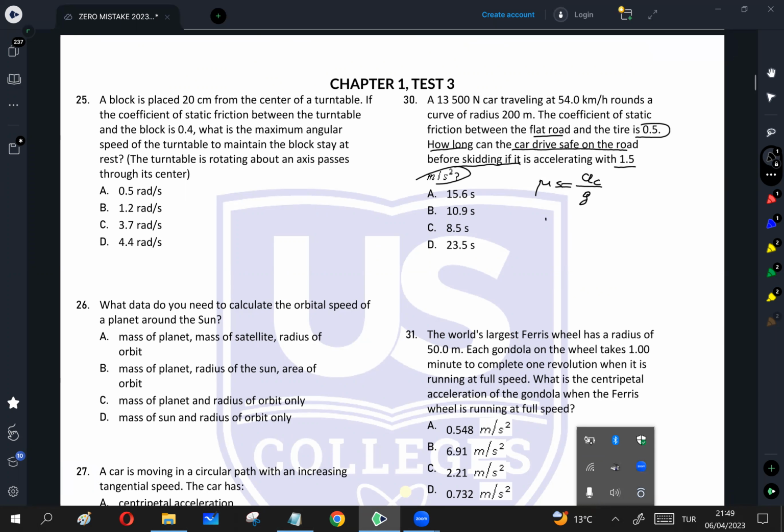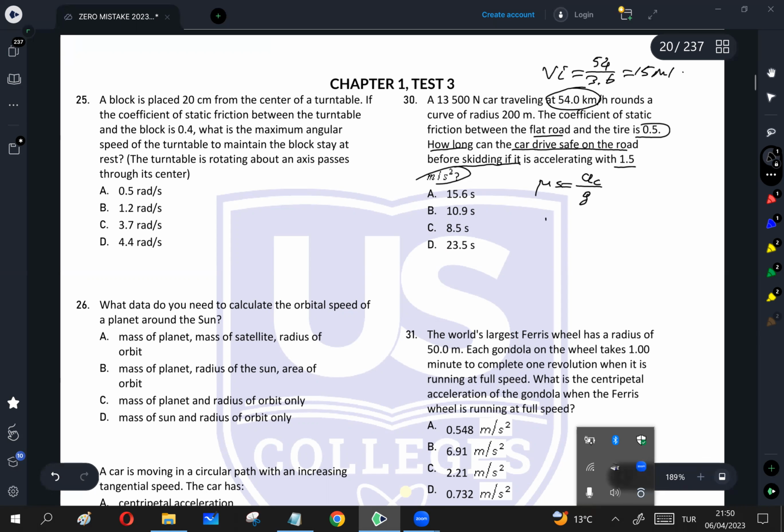I will use it for finding the final linear speed the car can have without skidding, because the initial linear speed is given. I will convert this to meters per second: 54 divided by 3.6 is 15. So the initial linear speed is 15 meters per second.